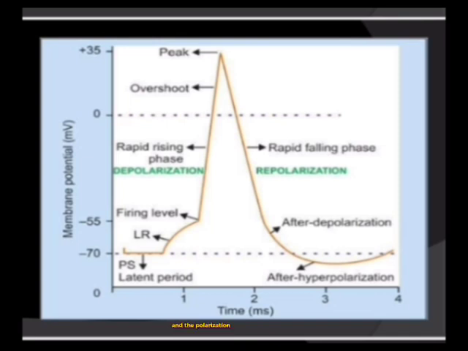And depolarization is due to the influx of sodium ion from the ECM to the ICM of the cell. Alright? I said depolarization is due to what?